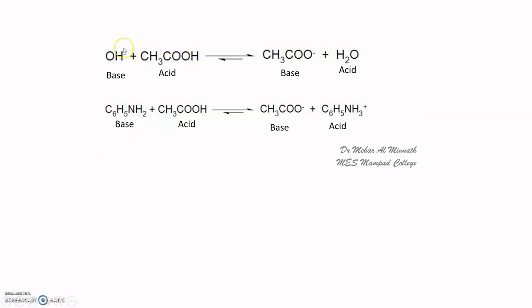These two have the same strength when acetic acid is the solvent, because their strength is leveled to that of the acetate ion. The strength of NaOH and the strength of aniline is leveled to that of the acetate ion. Now what is a differentiating solvent?